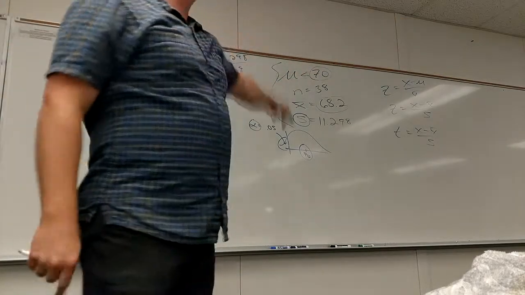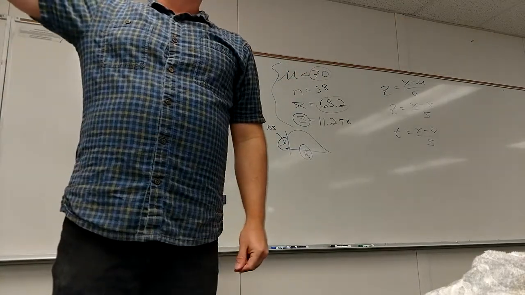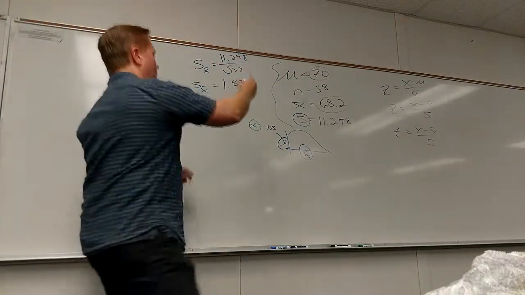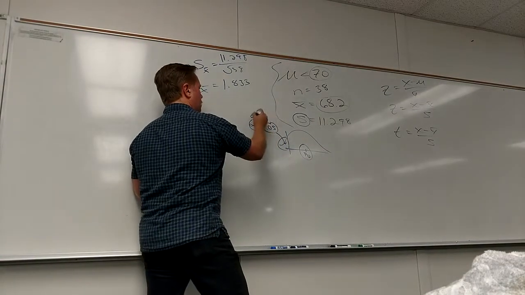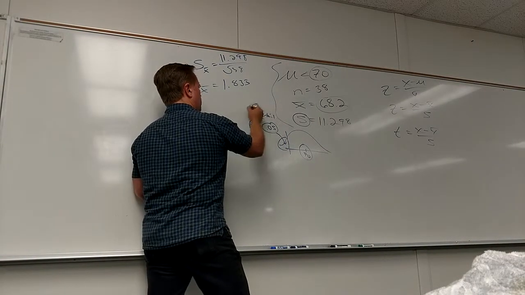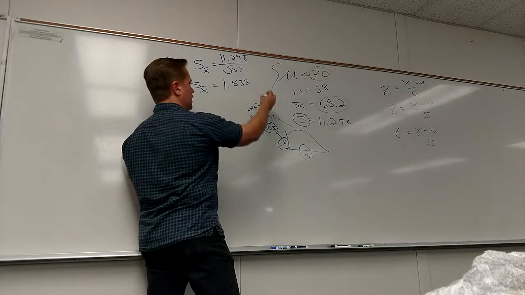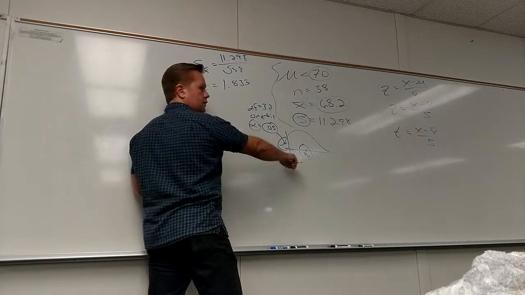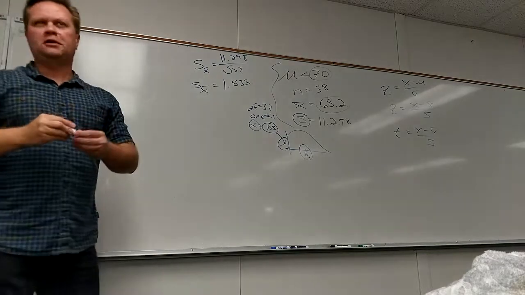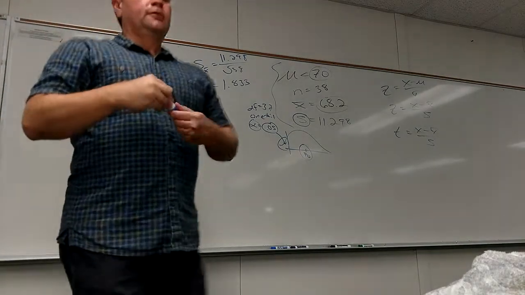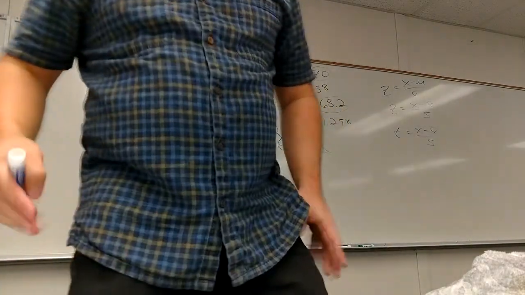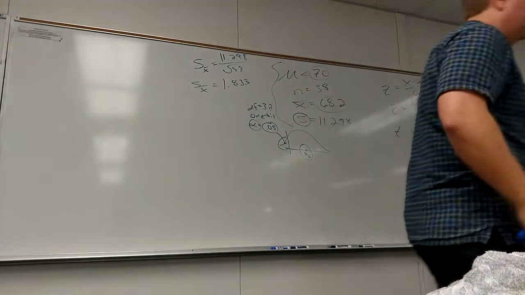This one, less than 70, 1 tail. So I've got 0.05 in 1 tail. Degrees of freedom is 37. Can you guys look up the T-score for this? Be careful.